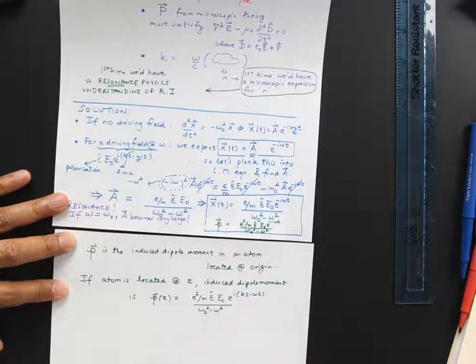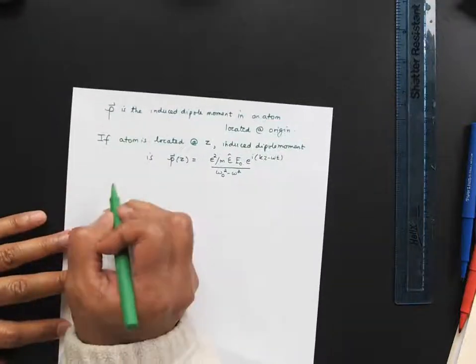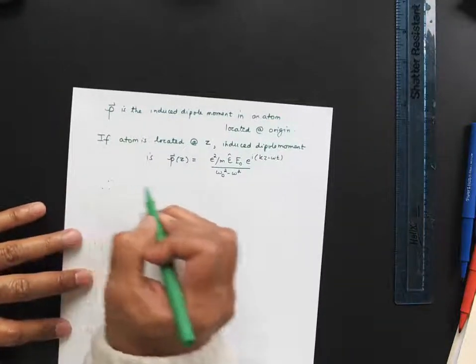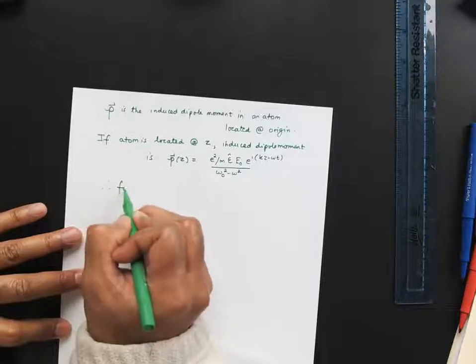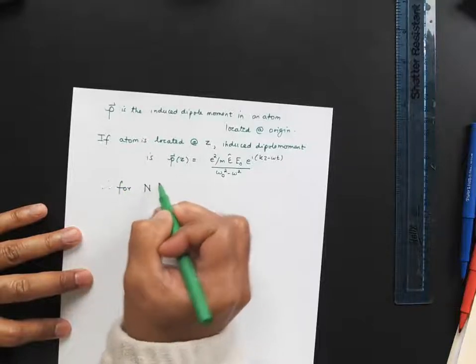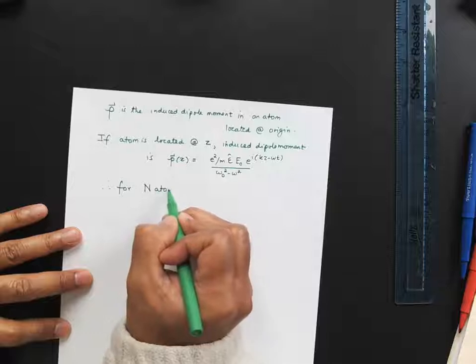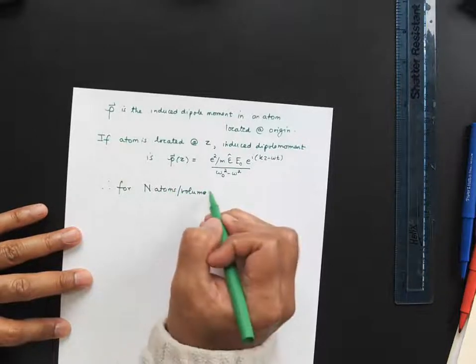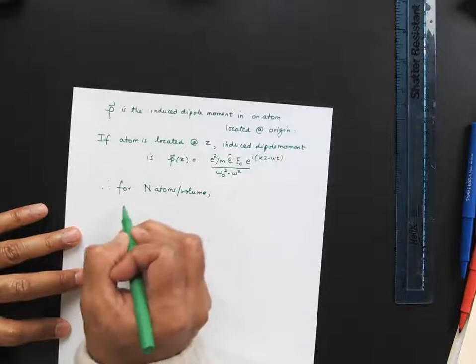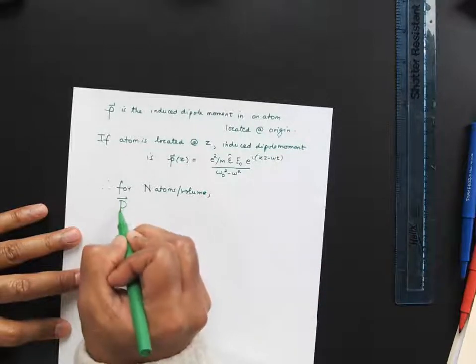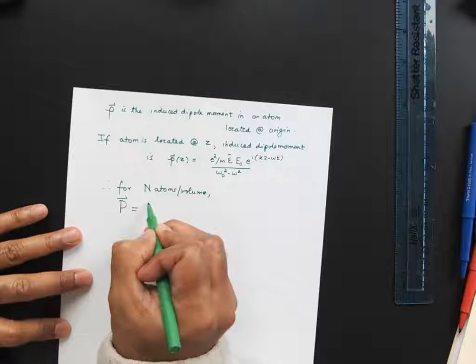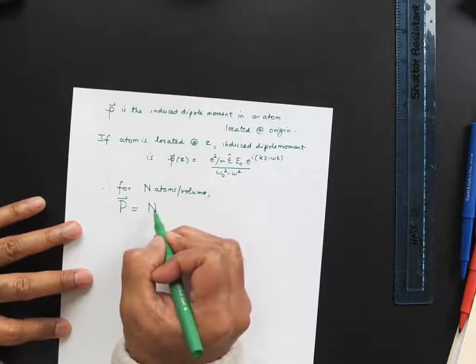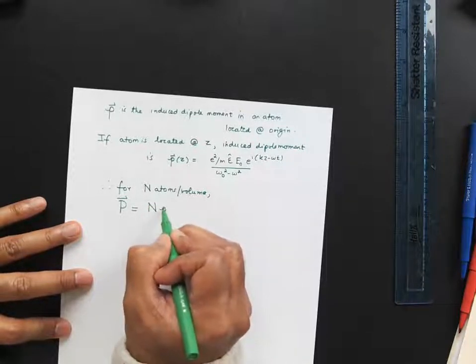Okay, and then from here I could have just said that therefore, for n atoms per unit volume, the macroscopic electric polarization is the number of dipoles per unit volume times p of z.